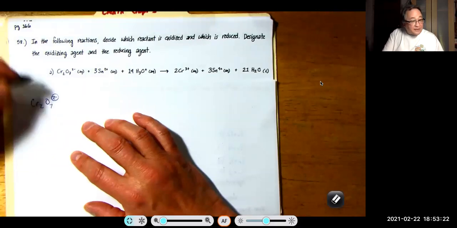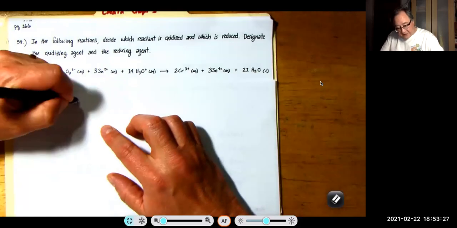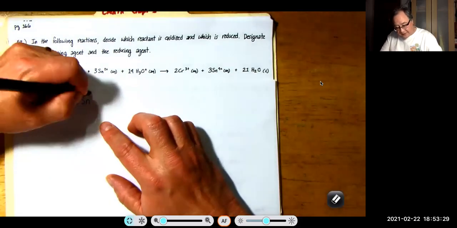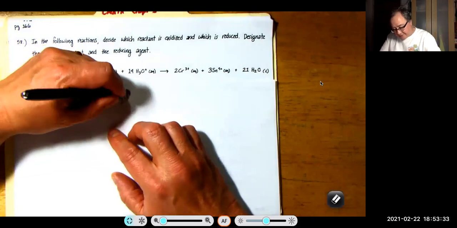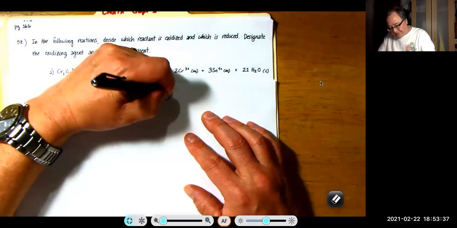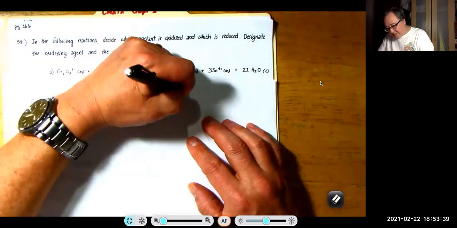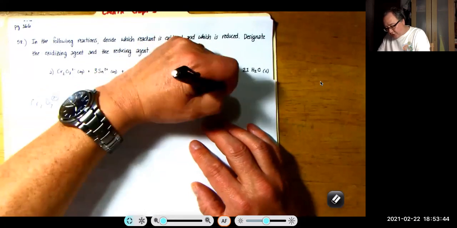I'm not going to worry about the state. Plus 3 Sn 2 plus, 14 H3O pluses, 2 Cr 3 pluses, 3 Sn 4 pluses, and 21 H2Os.